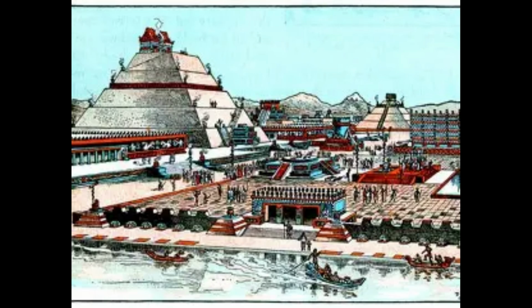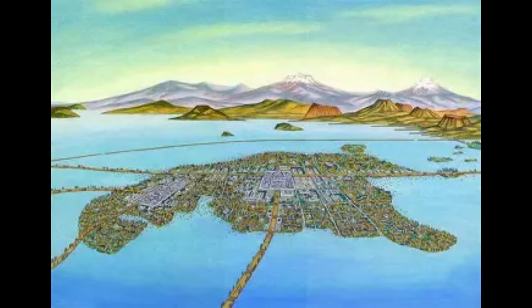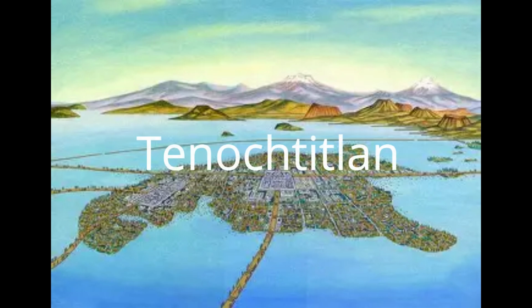And like I said, it says it's founded in 1325, but who knows how accurate that is. And I'm sure that the area existed during that time still, at least, so who knows if the city was there or they started building stuff right away or exactly what happened. But you look at that name Tenochtitlan, and it has Enoch right in the middle of it, so that's one of the reasons why people think it could be the City of Enoch, because it's basically named after Enoch. It has Enoch's name in it.